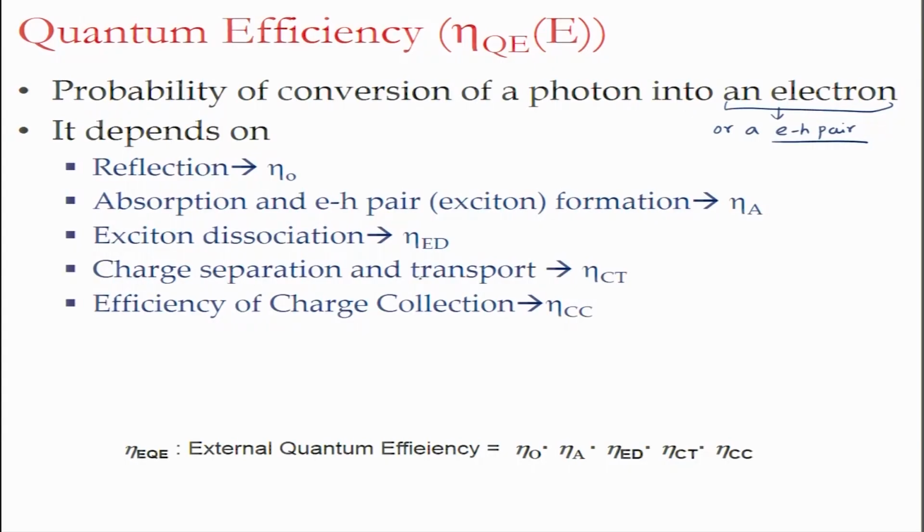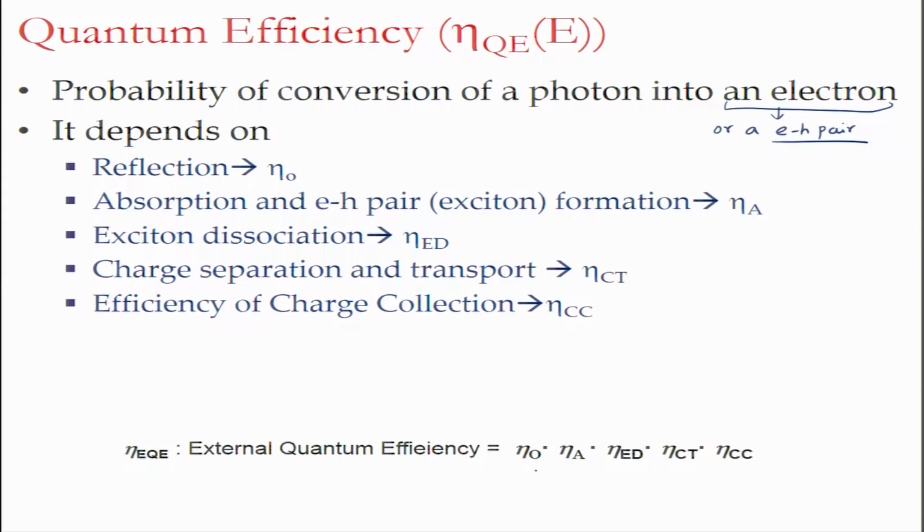And then charge separation and transport, that is eta CT, and then efficiency of charge collection at the electrodes, which is eta CC. So the net external quantum efficiency is a product of all these efficiencies: the optical efficiency, the reflection one, the absorption and exciton formation efficiency, eta A, exciton dissociation efficiency, eta ED, charge separation and transport, eta CT, and eta CC, the charge collection.